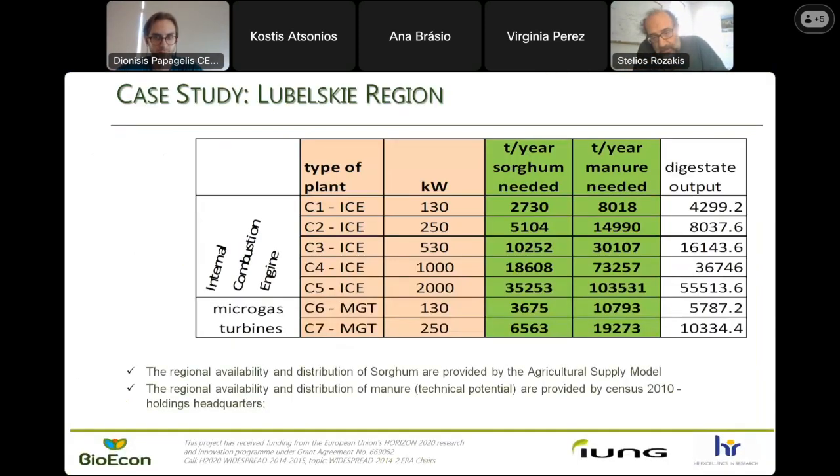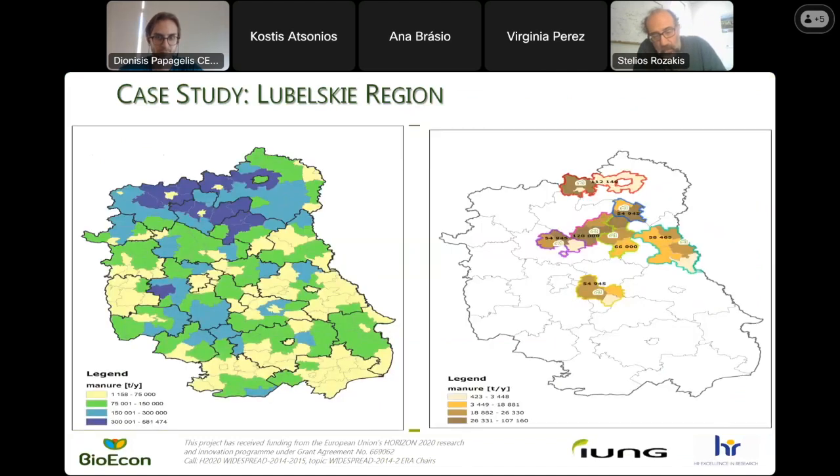In the case study, now I have the real numbers here for the region. We can allocate spatially. We know where the biomass is cultivated, so we can use the transport cost figures.